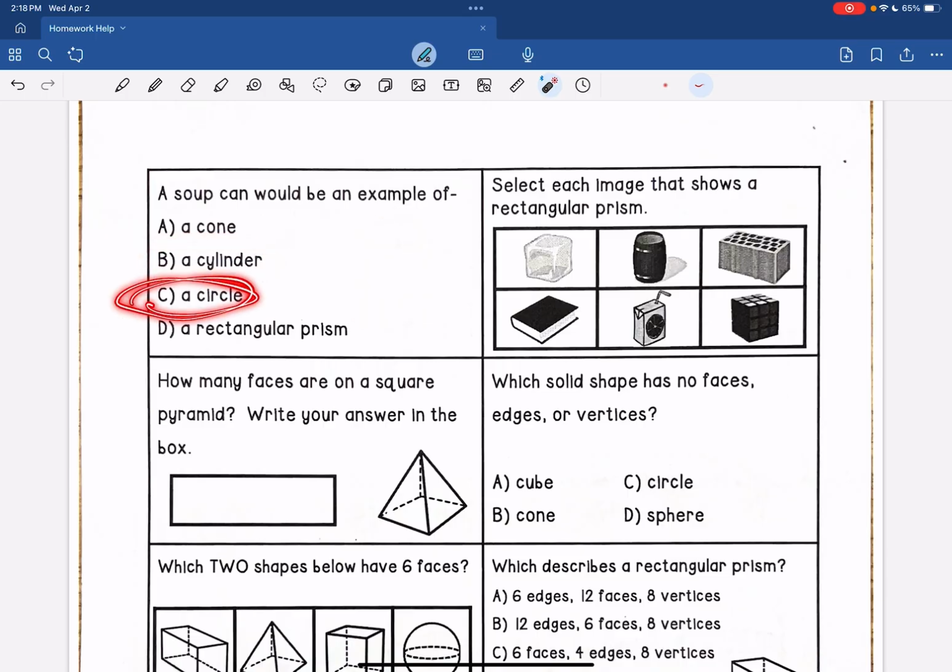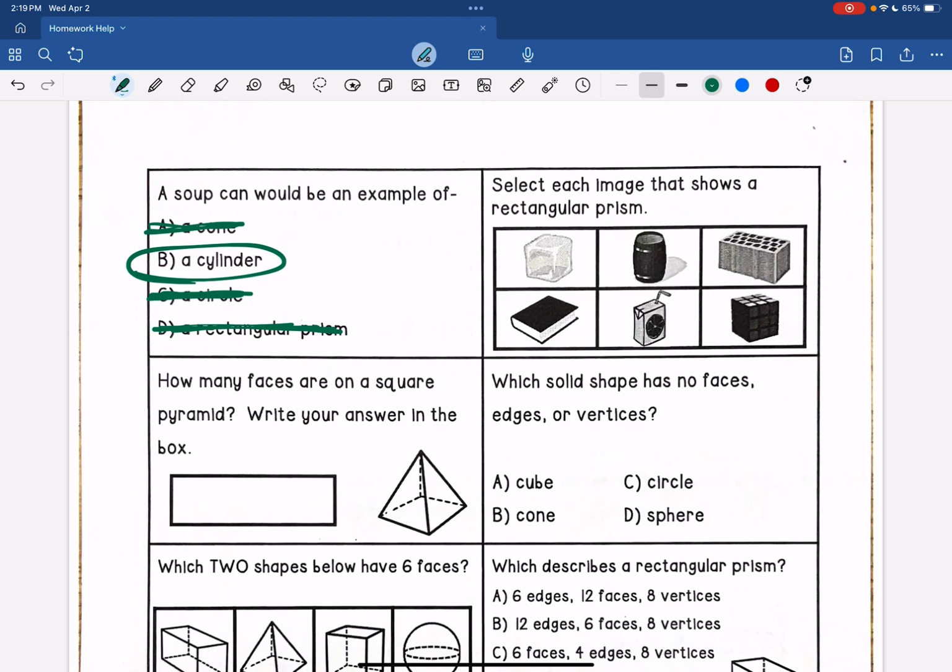A can will not be a circle because a circle is a two-dimensional flat shape. So I know that one's wrong. And then a rectangular prism would be something like a brick or a tissue box. I doubt a can of soup would come as like a block. So I think the best answer here is going to be a cylinder.